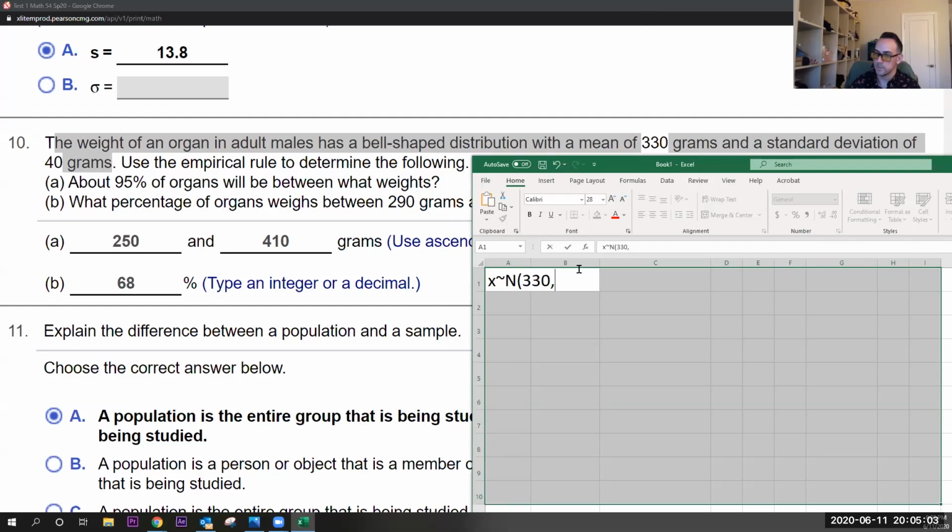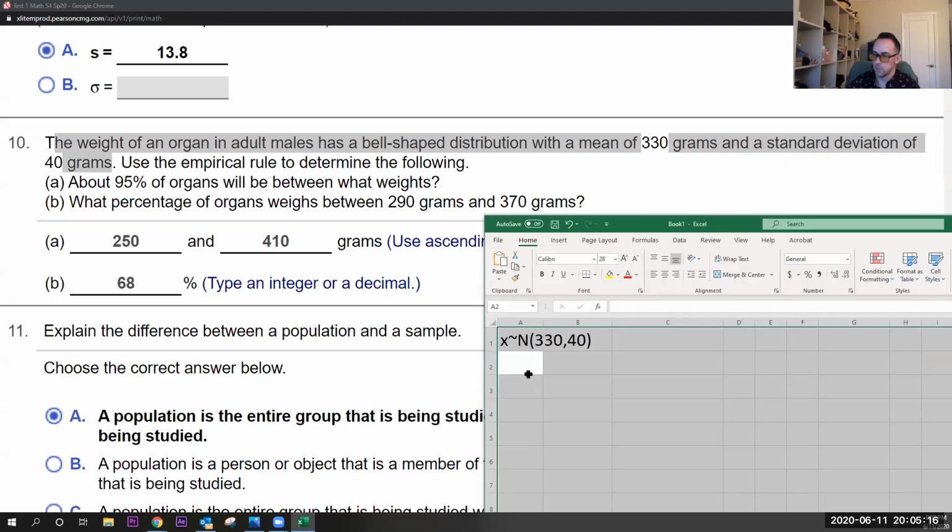Standard deviation of 40. So you could say something like that as far as the weights of the organs. And then you could apply the empirical rule from there. 95% of organs will be between what?